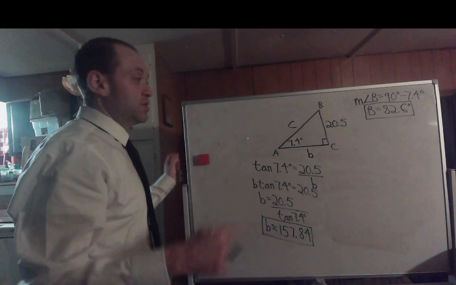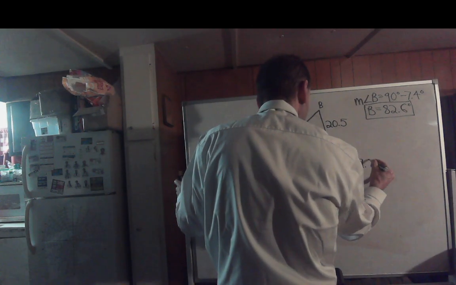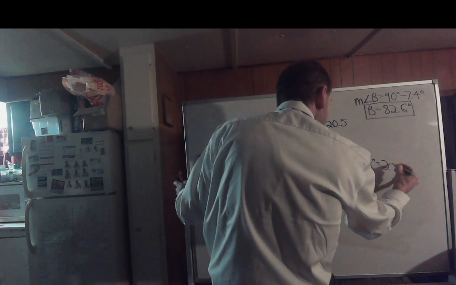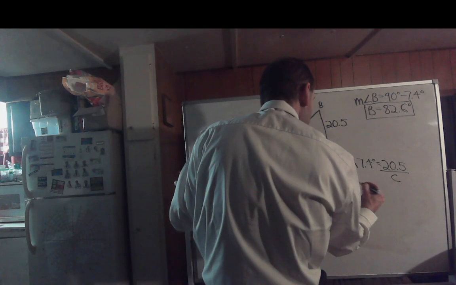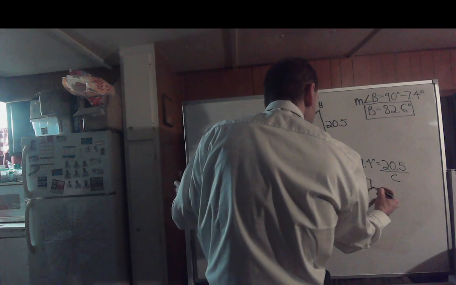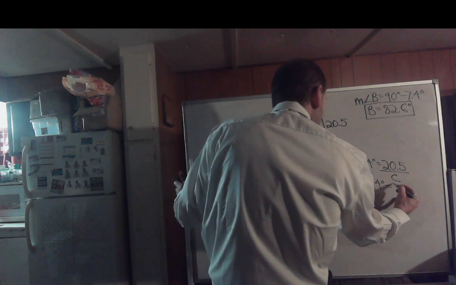Well, we can use the sine ratio for 7.4 degrees. So the sine of 7.4 degrees equals that 20.5 divided by that side C, which means that C times the sine of 7.4 degrees equals 20.5.